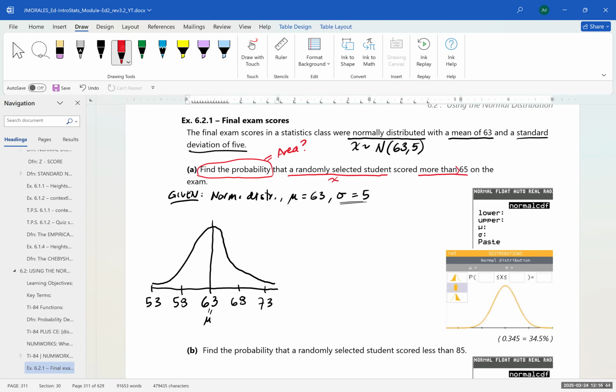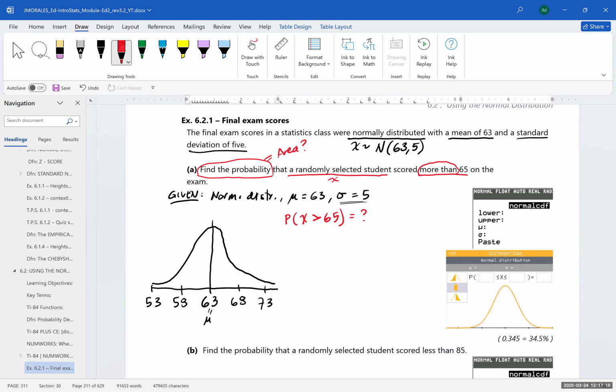This "more than" tells us on which side of 65 we want the area to be. Let's translate this into a probability expression: the probability that a randomly selected student scored more than 65.